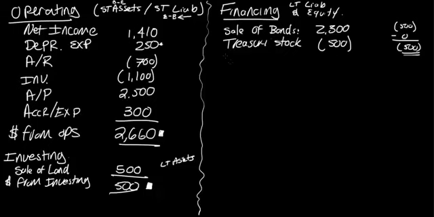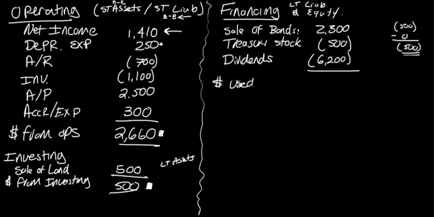And then the last piece we have to pick in, if you remember, is the dividends. Again, we don't specifically look at the retained earnings account because the adjustments for retained earnings are typically taken into account in net income. But to the extent we have dividends, we have to pick that up. And if you remember, we had $6,200 in dividends paid. So cash used in financing, I believe that total is a negative 4,400.